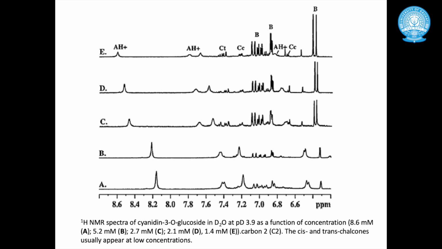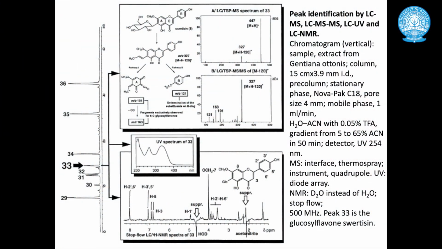So a lot of effects can be seen, and it is actually not as easy as I have explained. One has to struggle a lot to get to the structure of a compound even after having the NMR spectra. So there are many new additions to this technique. MS can also be combined with NMR, not only one MS, two MS in tandem can be combined with NMR.